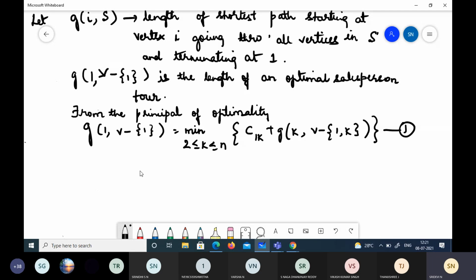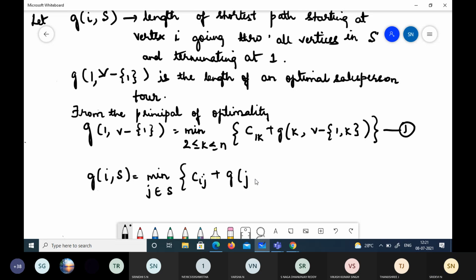And we generalize this one and obtain g of I comma S is equal to the minimum over j belonging to S of c of ij plus g of j comma S minus j.